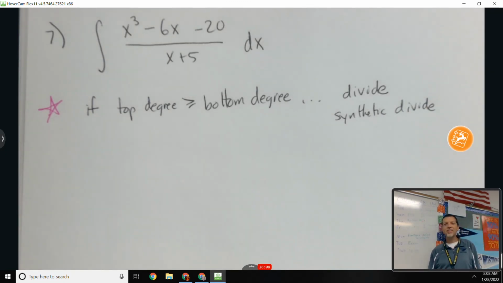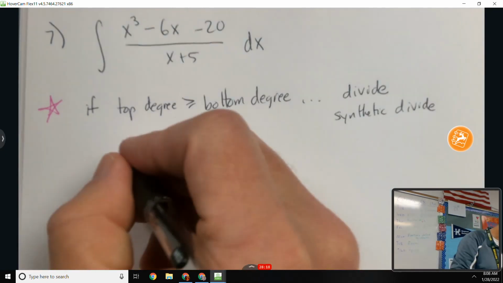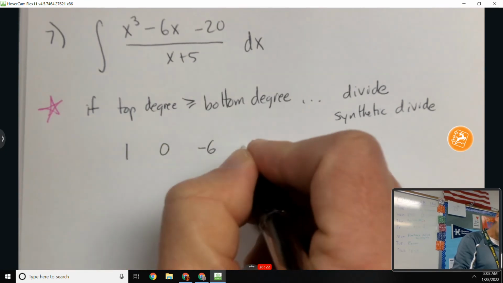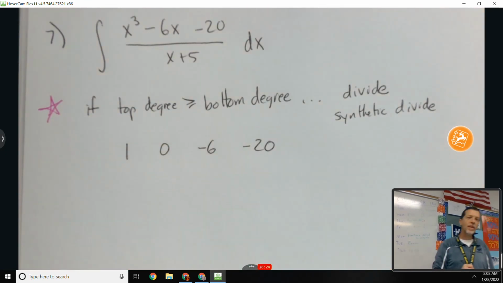Synthetic division. Anybody have any idea how to set up synthetic division? Okay, so I need the coefficients. I picked one that had a missing x squared term, so remember that was always one of the hard ones on that test.